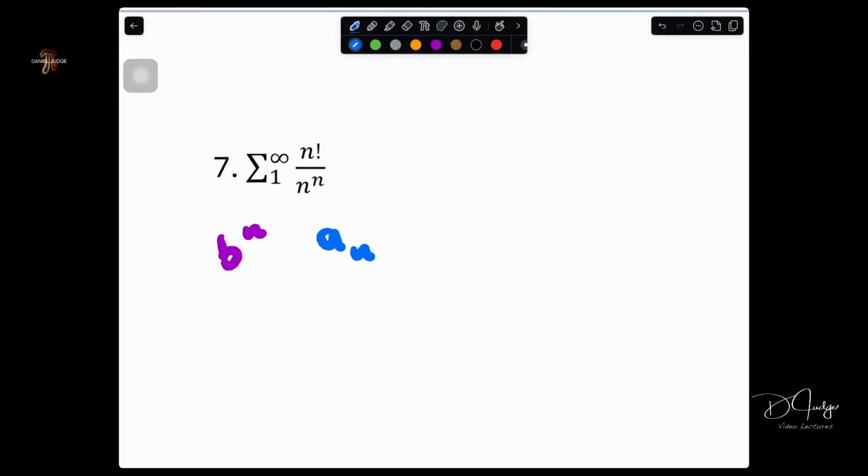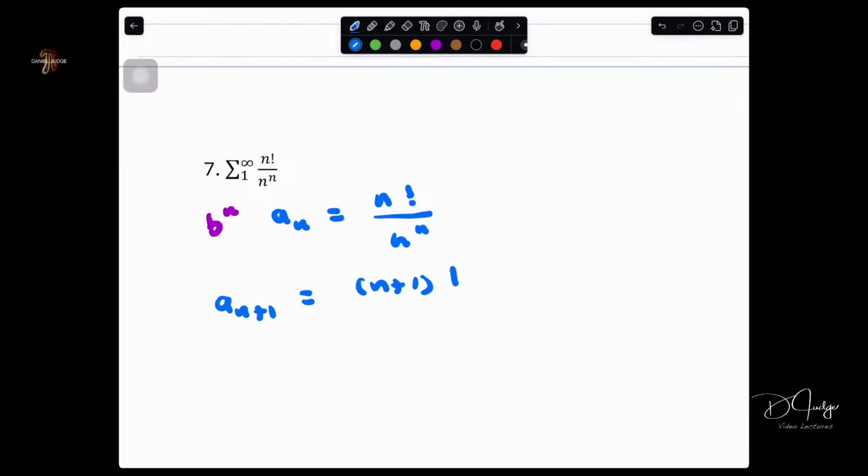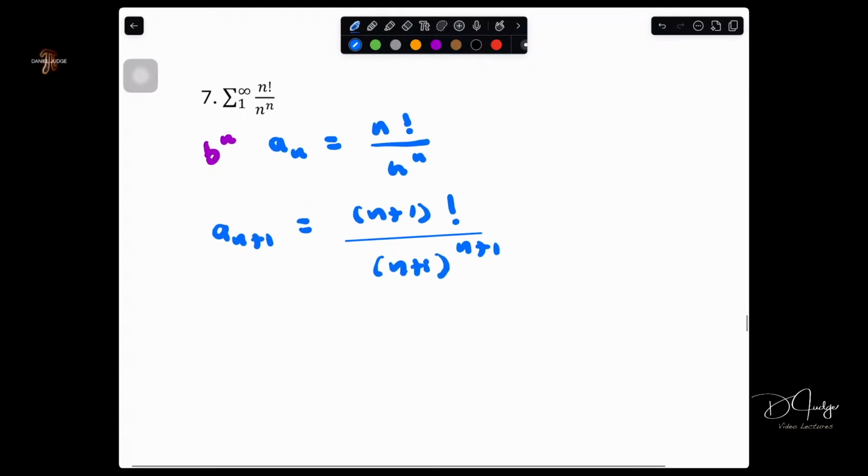All right. a_n is n factorial over n to the n power. So the next term, replace n with n plus 1, is n plus 1 factorial over n plus 1 raised to the n plus 1 power.